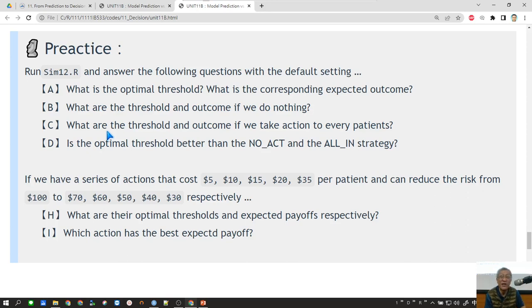So if I want to take action on everyone, what is the threshold? 0, right? Okay. So what is the corresponding expected outcome?